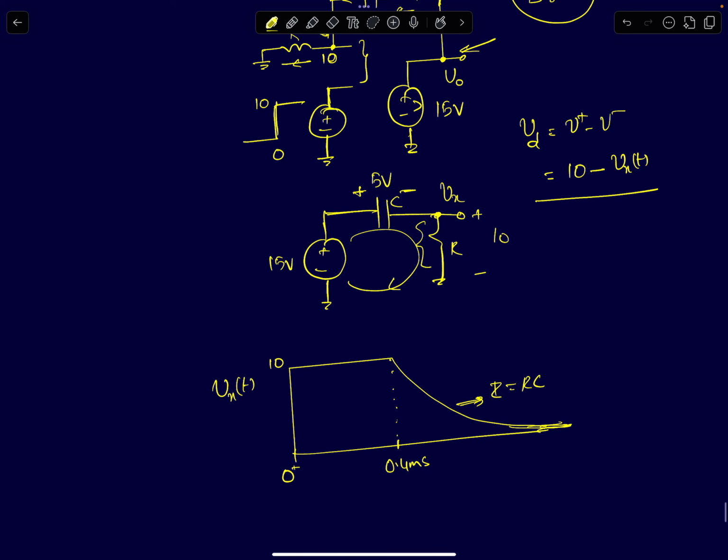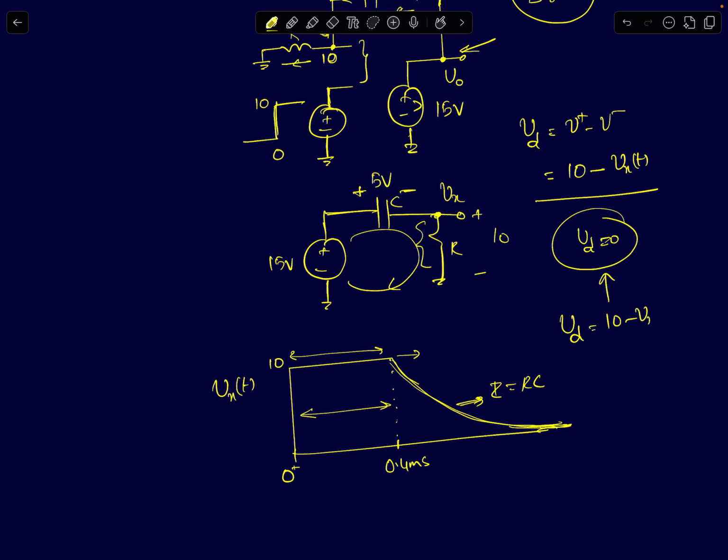Now in the interval 0 to 0.4 milliseconds, Vd was 0, right? So the opamp was perfectly in negative feedback, so your Vd was 0 in this interval. Now for t greater than 0.4 milliseconds, Vx starts decreasing and eventually goes to 0, which means your Vd is simply 10 minus Vx of t.